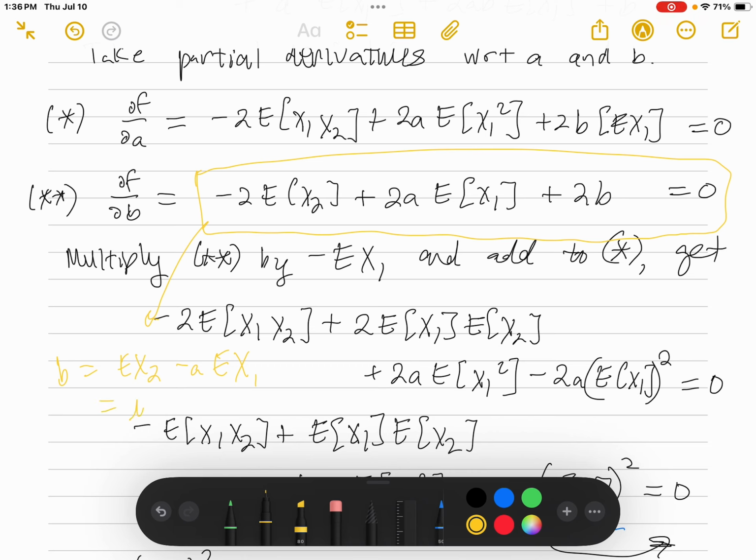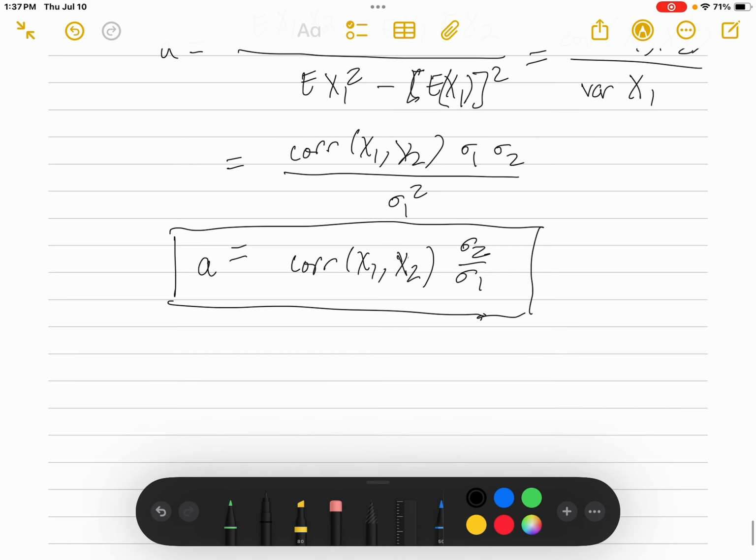So that's mu2 minus A mu1. So let's write that down. B is equal to mu2 minus A times mu1.